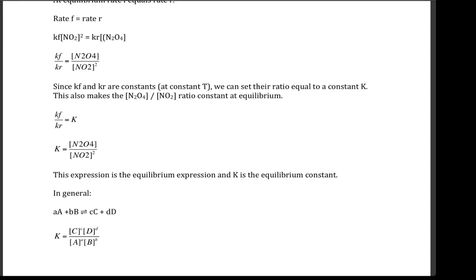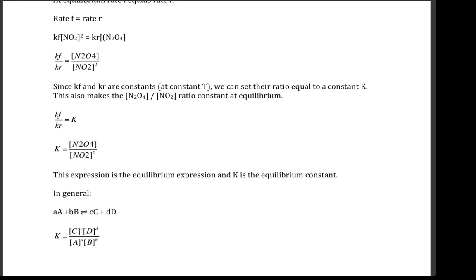The equilibrium expression we write for each reaction, and it depends upon the stoichiometric coefficients in the reaction, and of course what the reactants are, what the products are. It's always products to their stoichiometric coefficients divided by reactants to their stoichiometric coefficients. K, the equilibrium constant, is temperature dependent, and we find its values in thermodynamic tables.